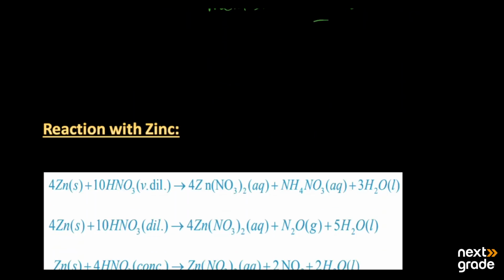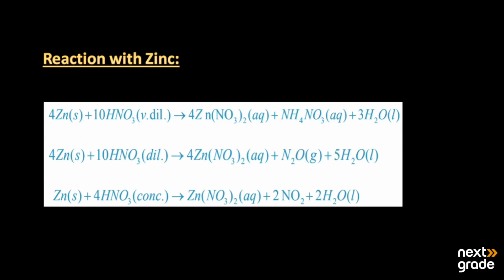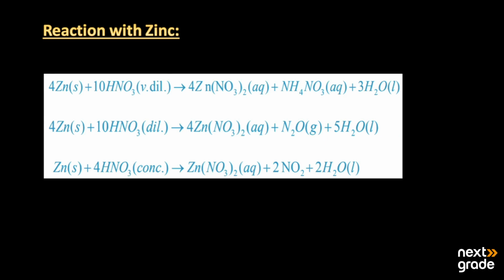After this, we have the third chemical property of nitric acid, which is its reaction with zinc. When nitric acid is in a very dilute state, it produces zinc nitrate, ammonium nitrate, and water. When it is in a simple dilute state to an average extent, the product is again zinc nitrate, dinitrogen oxide, that is nitrous oxide, along with water.